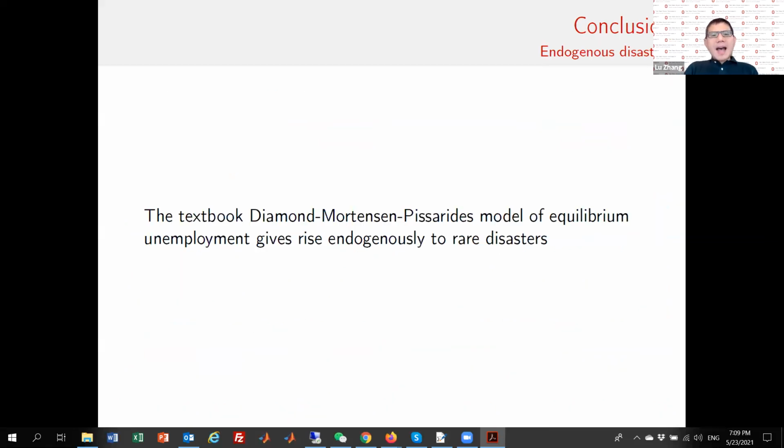All right, so let me conclude. In the 2018 Endogenous Disasters paper, we show that the textbook Diamond-Mortensen-Pissarides model of equilibrium unemployment gives rise endogenously to economic disasters, and we feel this result is quite important, with broad implications. The basic search engine has been embedded in many medium scale DSGE models, but most of the time the disaster dynamics have been ignored.